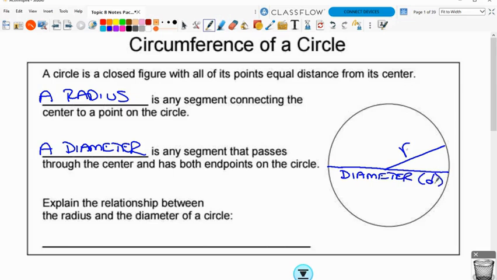Okay, so a radius, again, starts at the center and lands on the circle. The diameter starts and ends on the circle, and it passes through the middle. Explain the relationship between the radius and the diameter of a circle. Okay, so if I were to compare the radius to the diameter, the radius is half the diameter.